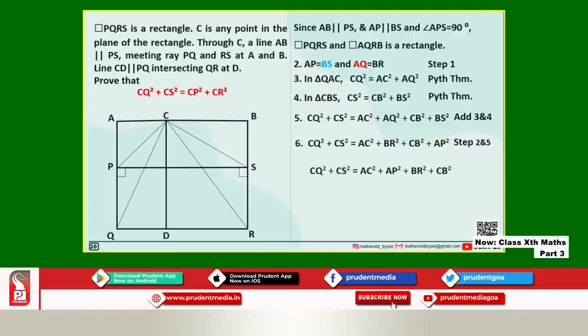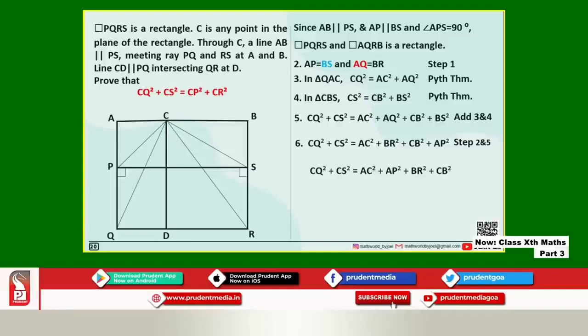Okay, now step number 6 is just adjusting here and there, and what I've done is AC square is exactly in the place where it was. AP square I've just moved from the last term to second term. Now you'll ask me, like, how do you realize suddenly you have to move the steps over here? If you look at the figure back again, you will realize that AC and AP are nothing but part of that same triangle.